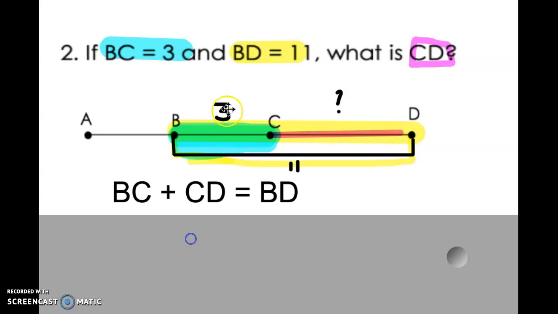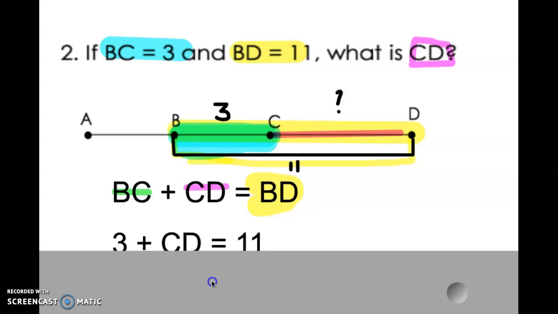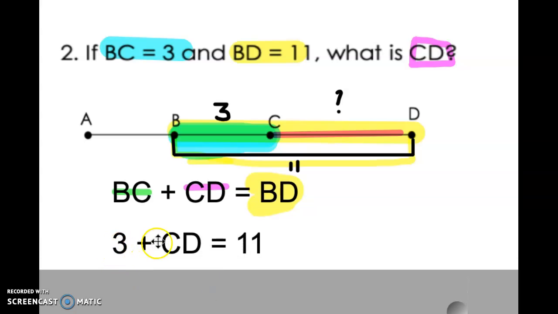So that tells us BC, that's the green part, plus CD, that's the pink part, equals BD, the yellow part. And then we go through and substitute in the values we know and solve for what we don't know. Here, what we don't know is segment CD. So BC is 3, so 3 plus CD, which again we don't know yet, equals 11.